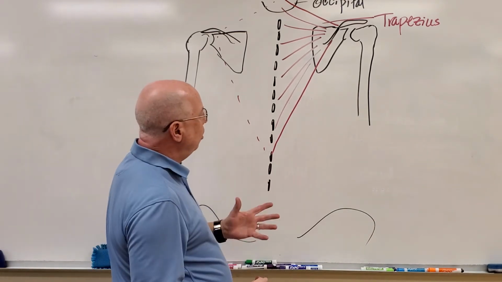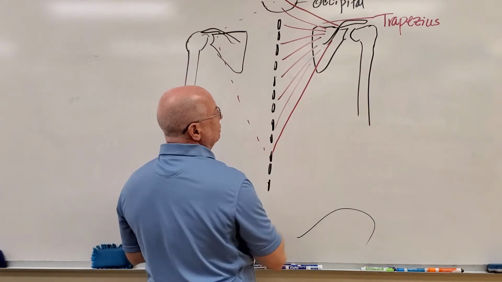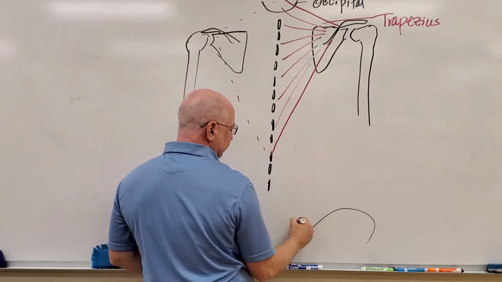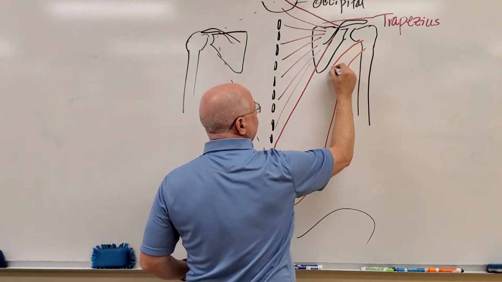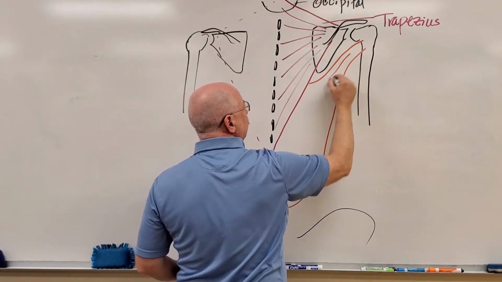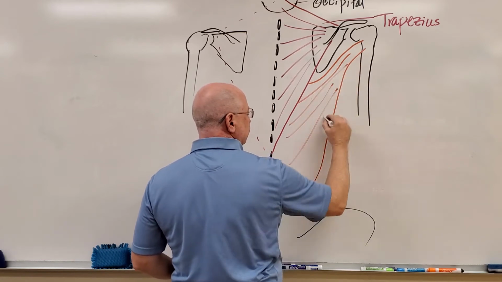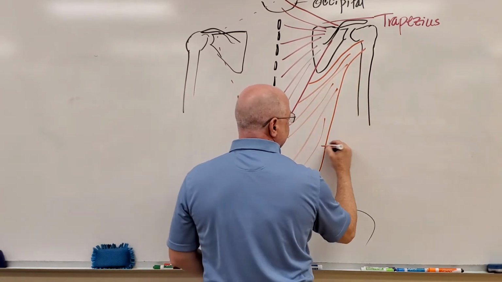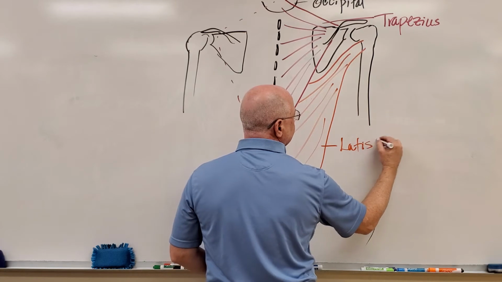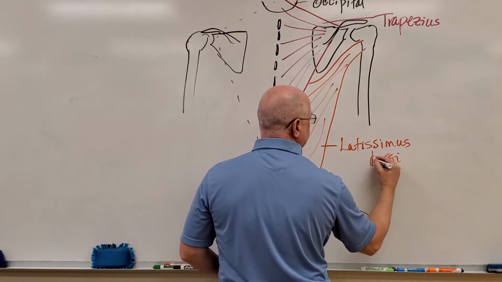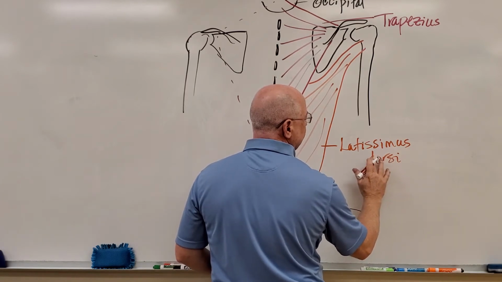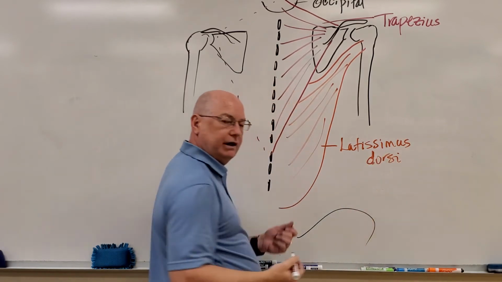Now there's another large muscle that extends underneath the trapezius, and you'll see a lot of it coming down to the lower back here. And it actually inserts on the posterior part of the humerus. And this muscle is called the latissimus dorsi. For me, kind of meaning side and back, lateral and dorsal.